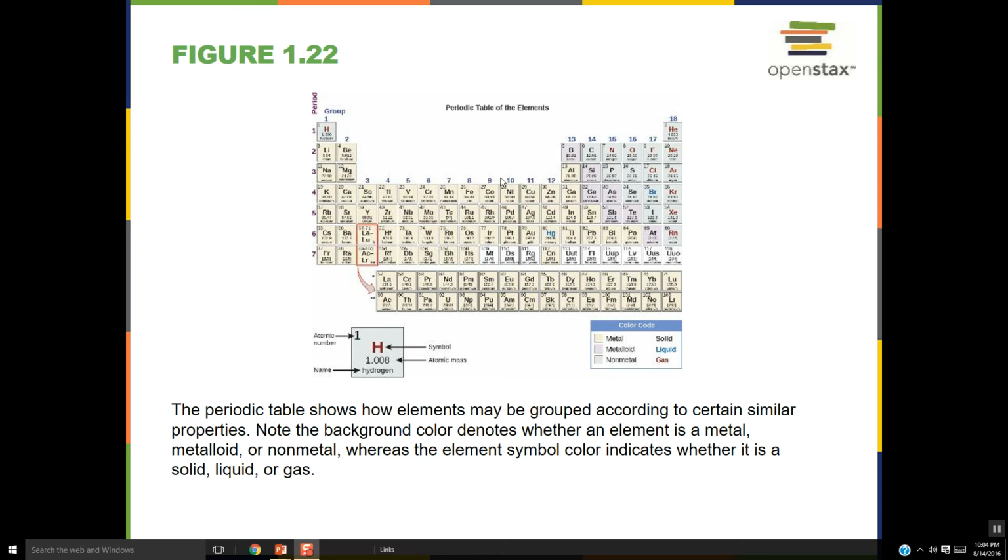Generally, it's grouped. We always think about the metals here off to this left side, all of these lightly colored boxes. And the general characteristic for metals, basically, is that they are good conductors of electricity, and they're also good conductors of heat. You also have the metalloids right in here, and they call them semiconductors a lot of times because they're semi good conductors of heat and semi good conductors of electricity.